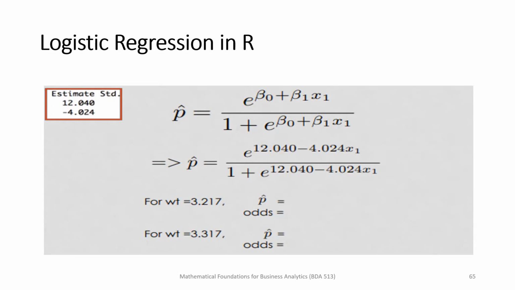So here, if the probability that the car is automatic is high, it will predict the car as automatic. If the probability is low, it will predict the car as manual. Okay. All right. Thank you, sir.